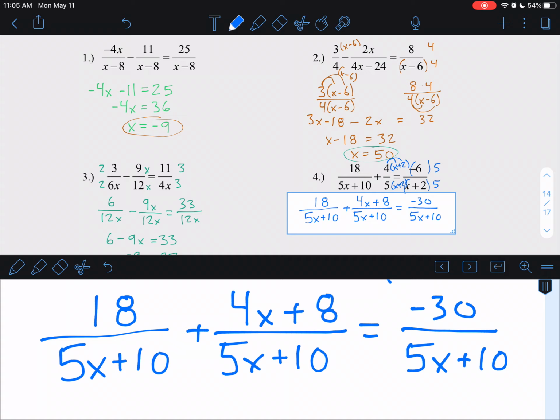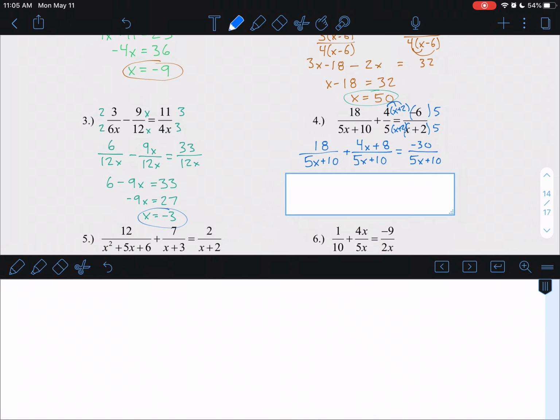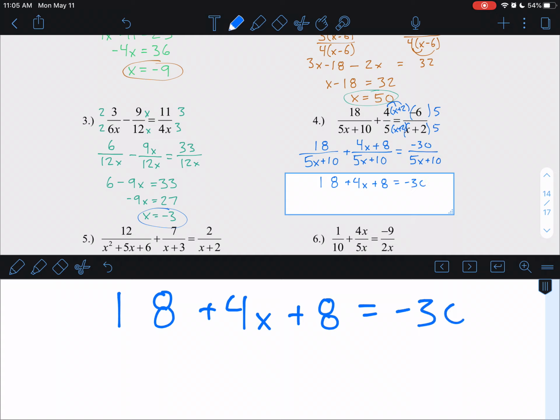So now that all three of the denominators are the same, I can get rid of the denominators. So that's going to give me 18 plus 4x plus 8 equals negative 30. I'm going to combine like terms on the left side of the equation. So 18 plus 8 is 26.